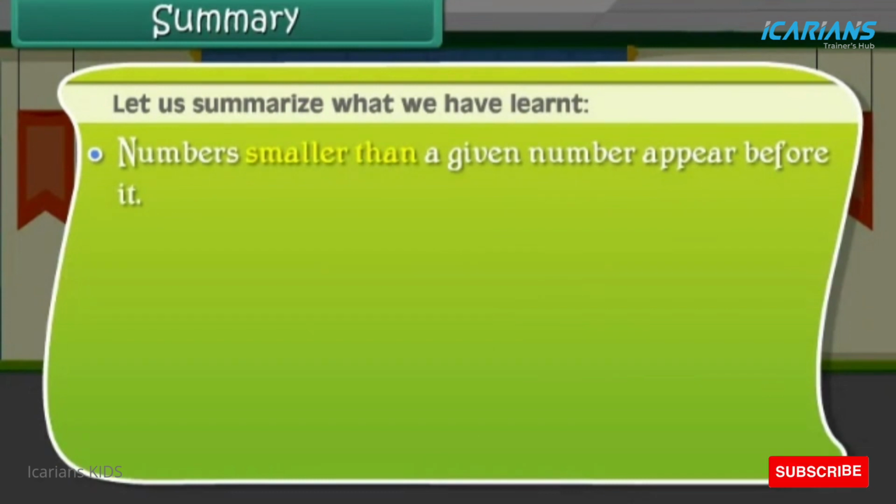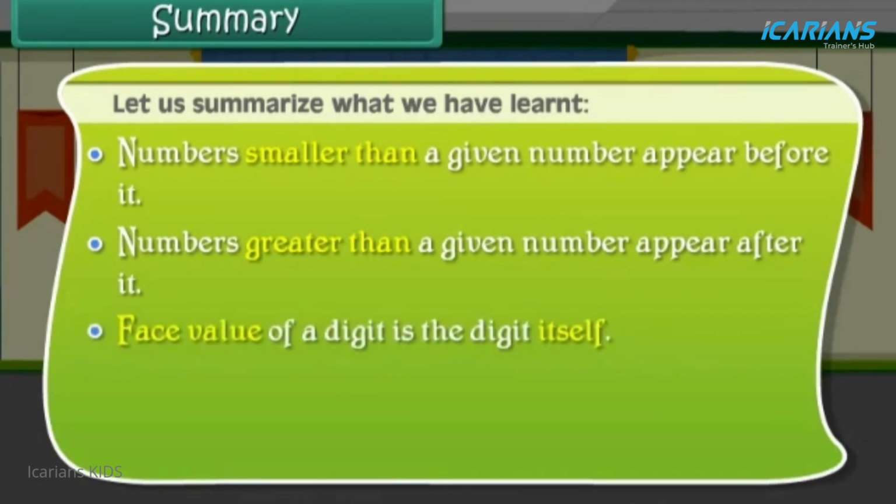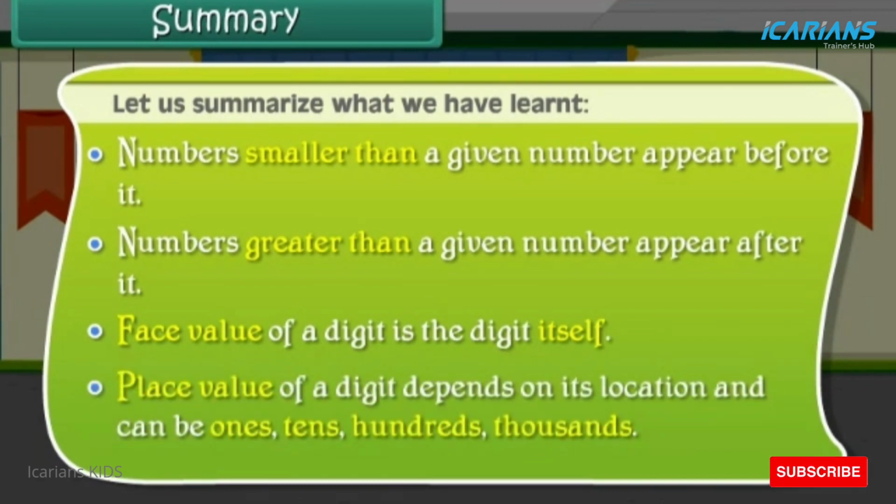Numbers smaller than a given number appear before it. Numbers greater than a given number appear after it. The face value of a digit is the digit itself. The place value of a digit depends on its location and can be ones, tens, hundreds and thousands.